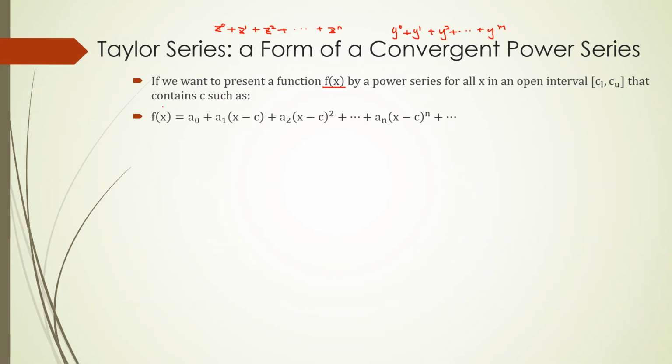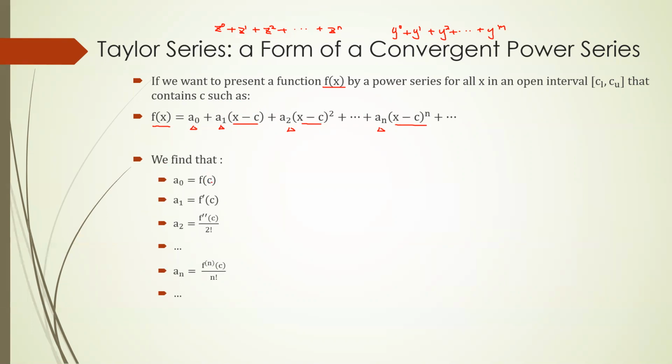So in this case, we want to represent the function, for example f(x), as a power series, and the z and y here is x minus c in our function's power series. And the problem is that these a0, a1, a2, an, those coefficients are unknown. So then we found that a0 equals f(c).